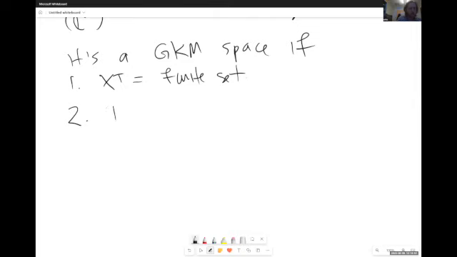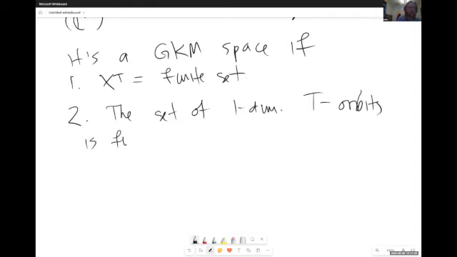Two, the set of one-dimensional T orbits is finite. And three, X is equivariantly formal.